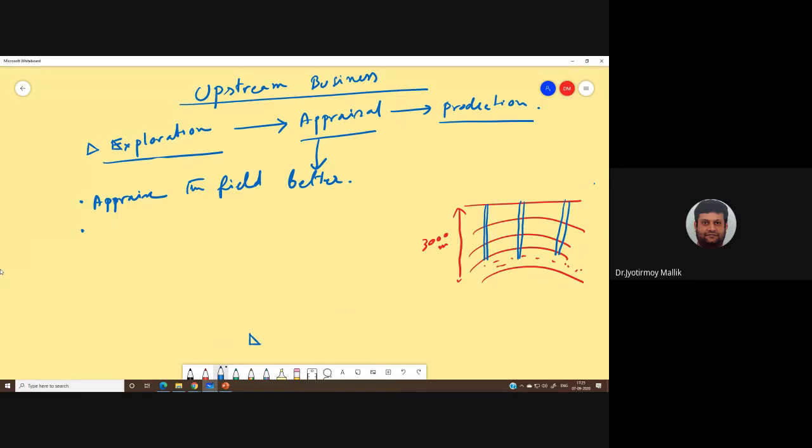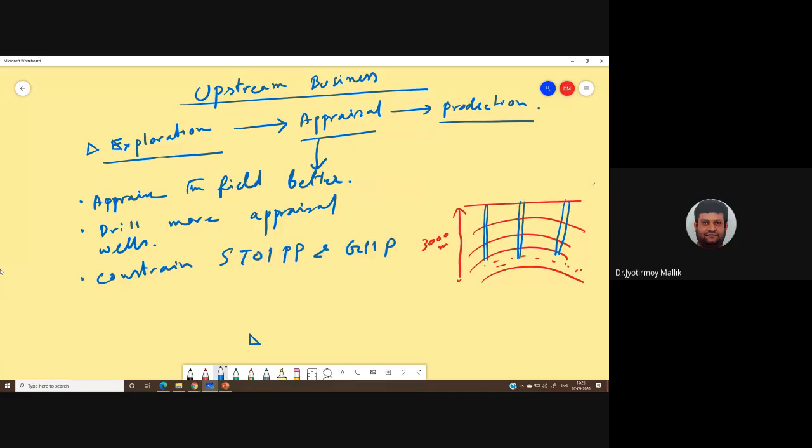Essentially, you drill more appraisal wells, and constrain STOIP and GIP. Constrain means you have a better idea about your STOIP and GIP because you have drilled more wells. Okay, and then of course, constrain UR as well. You have a better understanding of the UR.